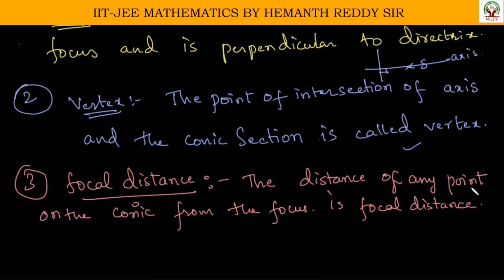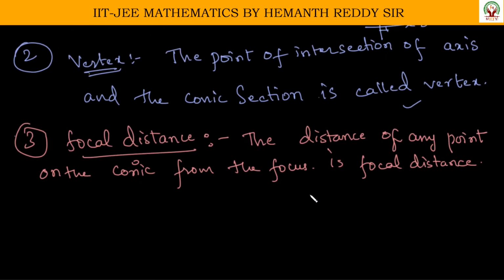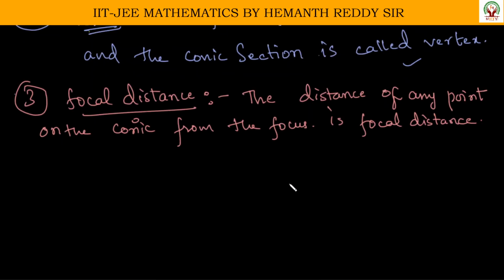The distance of any point on the conic from the focus, the distance from the focus, is called the focal distance. Right?